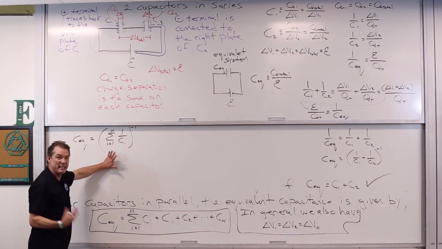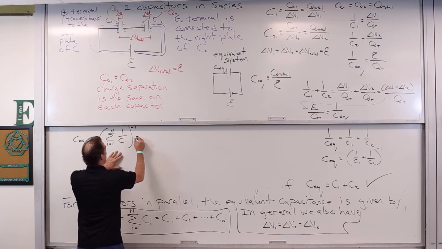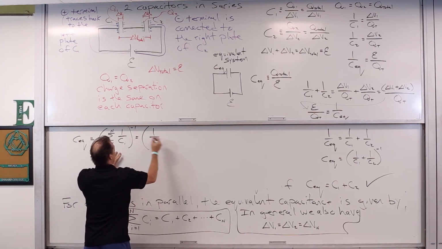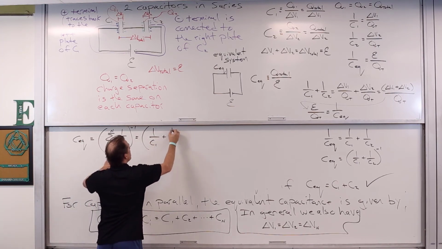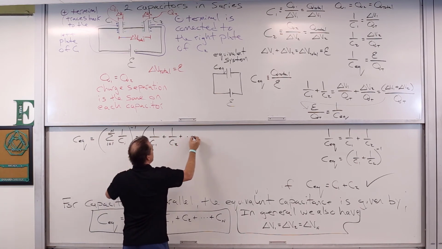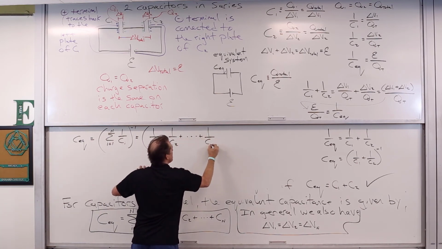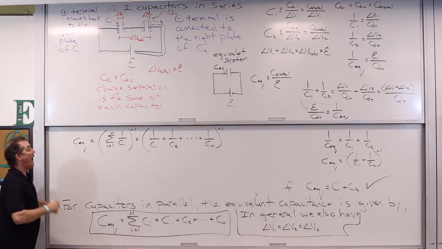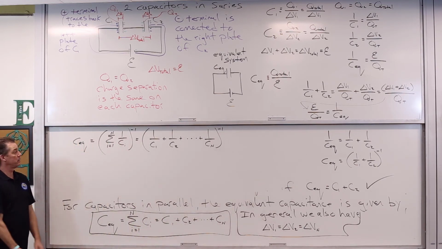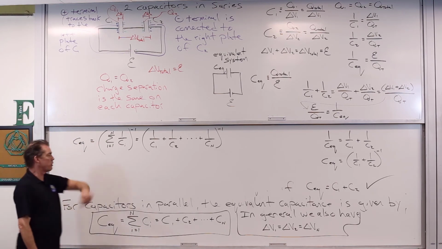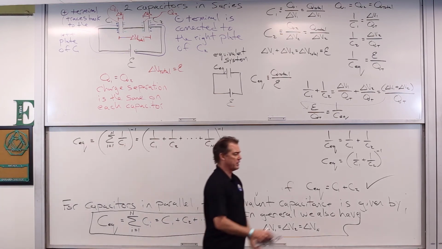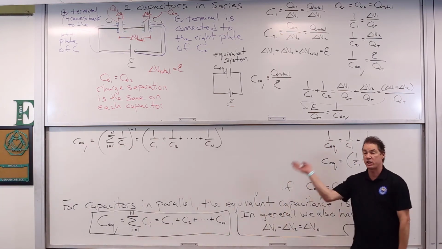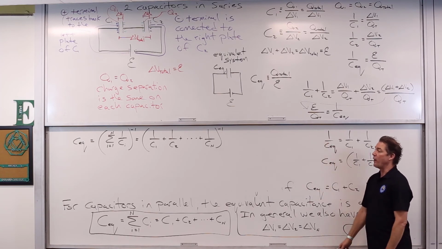So this is a more condensed way of writing this out, but ultimately this is the quantity of 1 over C1 plus 1 over C2 plus dot dot dot plus 1 over C sub N, to the negative 1. Completely different, right? Inverse of the sum of the inverses for capacitors in series, where they just add straight across when they are in parallel.